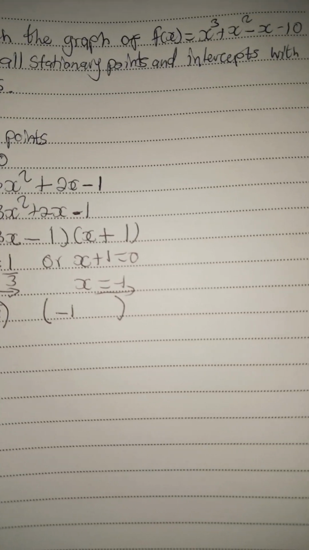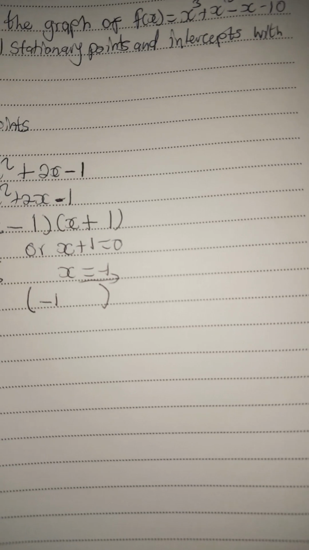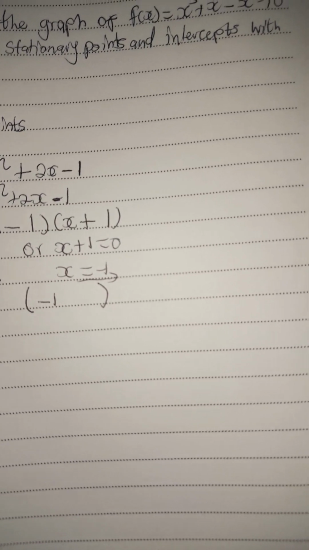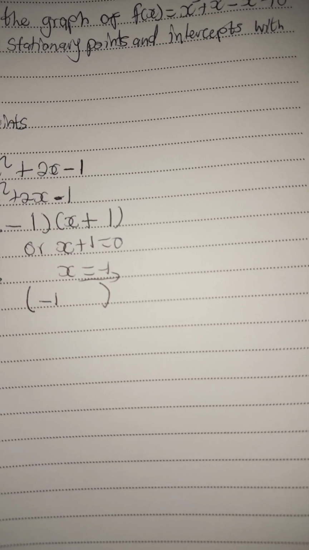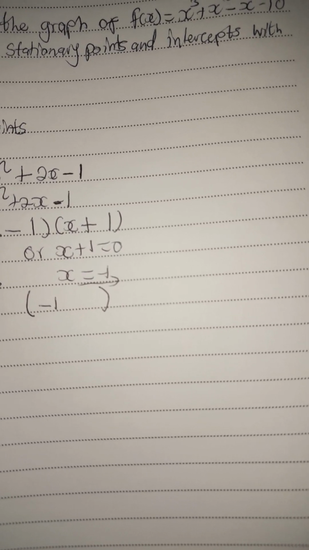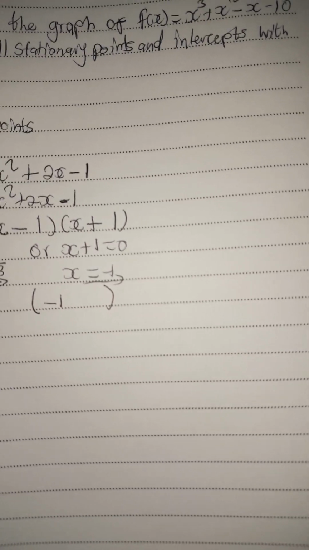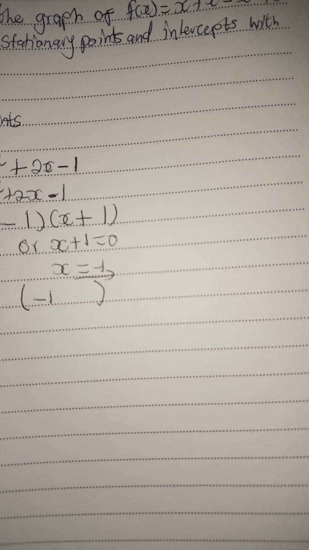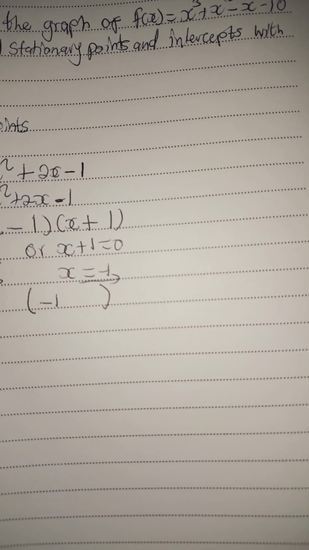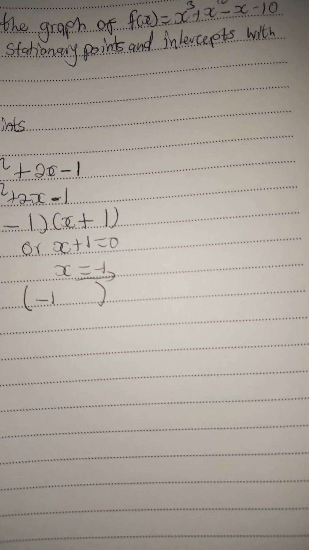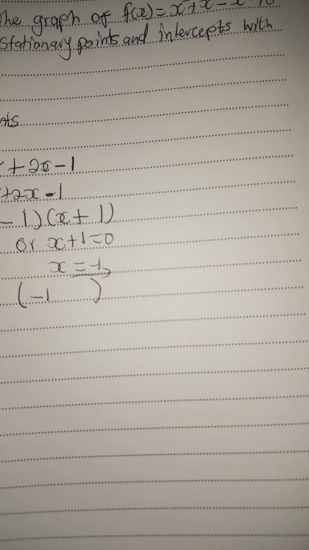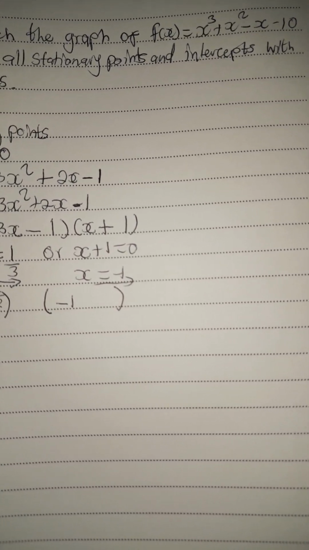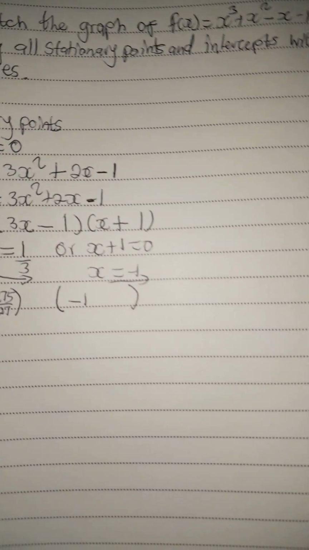Now let's take negative 1 and place it in your calculator. What are you going to get? If you place negative 1 where there is x in the original function, we get negative 1 plus 1 plus 1 minus 10, which results in negative 9.